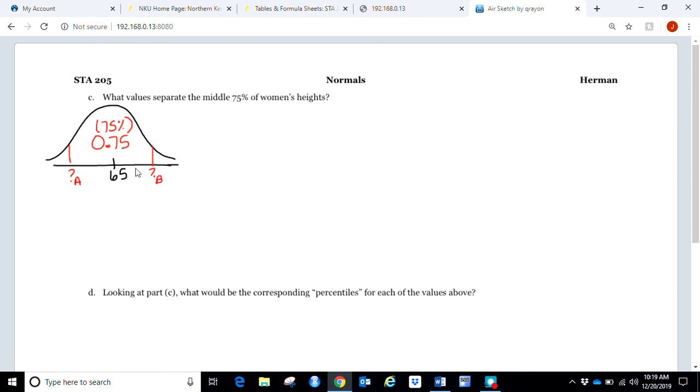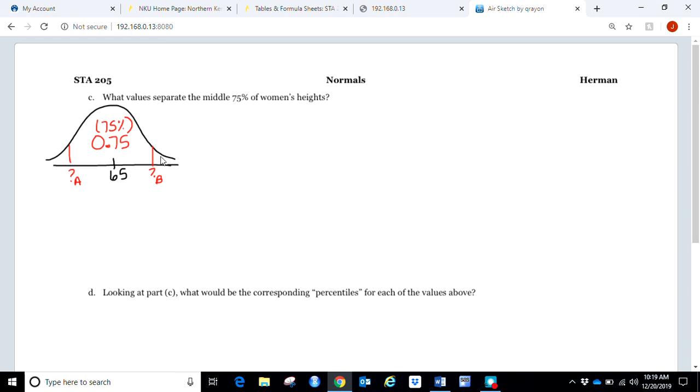Just to help myself out, I'm actually going to figure out what values go here and here. Because if I have 75% in the middle, that means I have 25% left that can go on my picture. But I have two different spots to put it in.